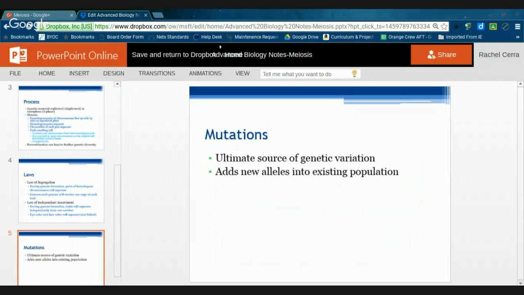And then just the last little thing to note, random mutations that can happen just by chance will provide some more genetic variation within a population. Obviously, some external factors can also encourage mutations to occur, like radiation or exposure to other mutagens.